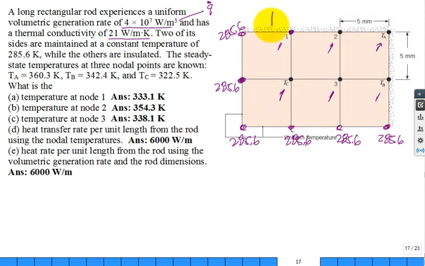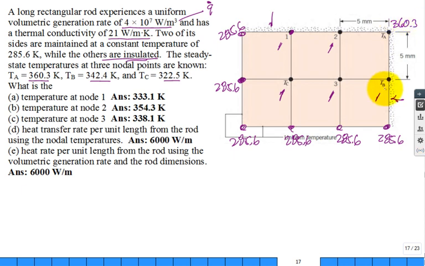Now, this illustration says the others are what? Can you see what they're illustrating? They're insulated. They somehow tell you the temperatures at A, B, and C are known. The temperature at A, where is node A? Right here. We just put in 360.3 Kelvin.